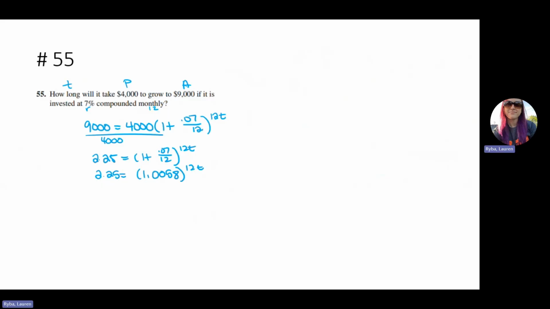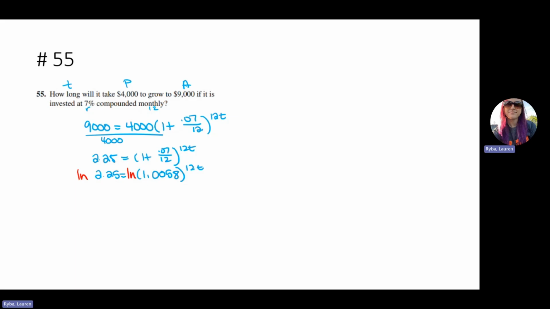When you have a variable in the exponent, the only way to undo that is with logs. Now your option is natural log, regular log, doesn't matter. Generally, I default to natural log. So what I have to do here is natural log both sides.